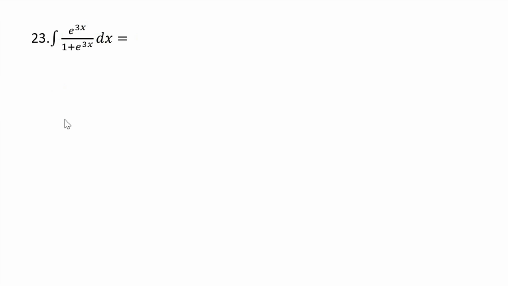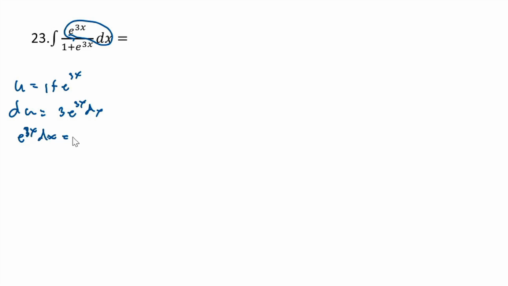So for number 23, we have the integral of e raised to 3x over 1 plus e raised to 3x dx. Our u here is 1 plus e raised to 3x. So the derivative of that is just equal to 3e raised to 3x dx. So we have here e raised to 3x dx, which is just equal to du over 3.